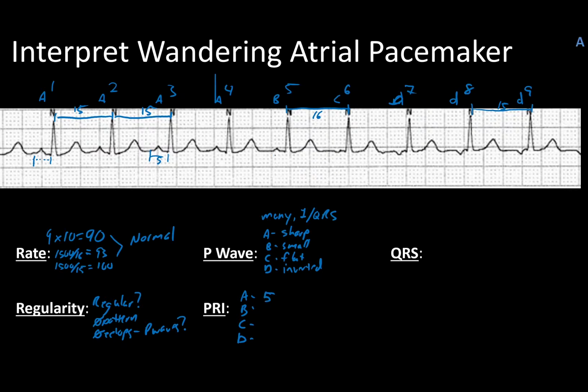And let's see what B has to offer. This one is 2, 3, 4 small boxes. Let's see what I can get for C. Oh, that one's got 3. And I'm going to measure this one here. It's pretty easy to tell. 1, 2, 3.5.